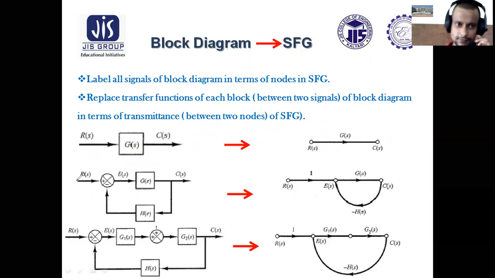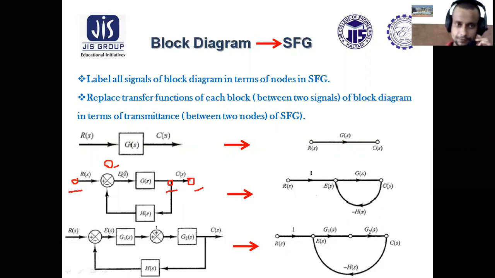Similarly, this is the input node, this is the output node. This is one takeoff point, and this is one summing point. Let us consider all of these as nodes: input node, output node, takeoff point, summing point, all as nodes.